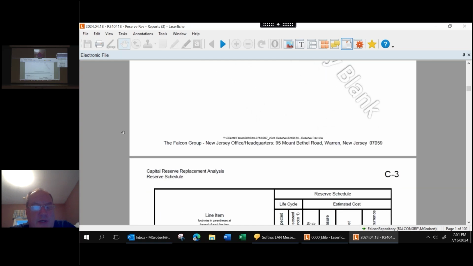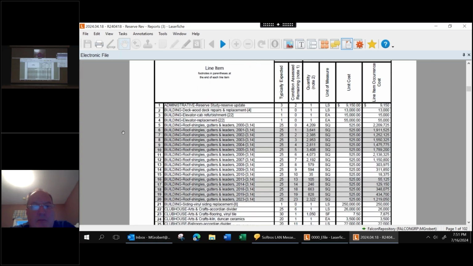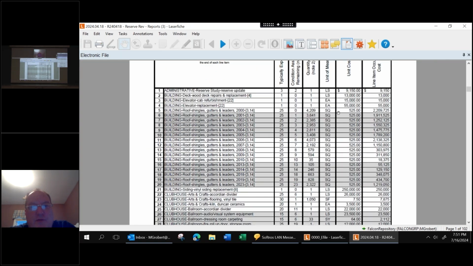We schedule them in here based on information that we're provided as far as when these roofs were done initially. So you'll see 2000 through 2023, and what the quantities of roofs were that were done. And then of course you take that year plus the 25 and it gives you an approximate age of when they should need to be done again.